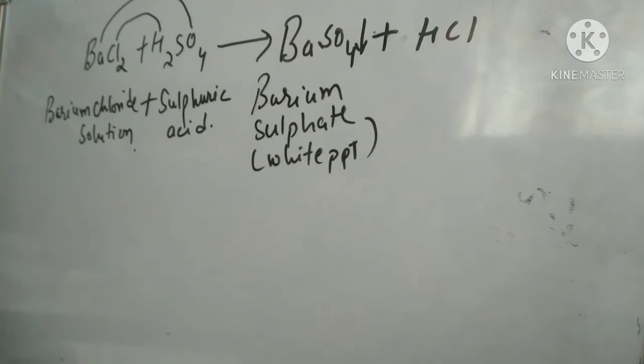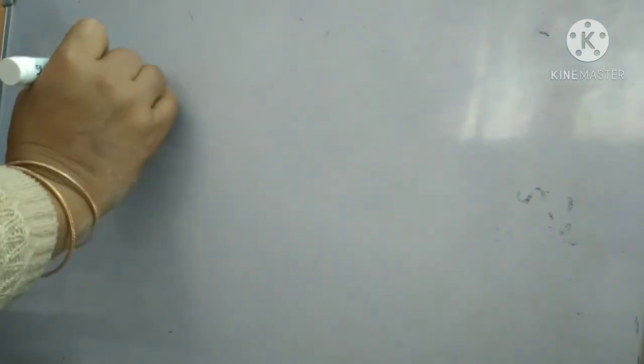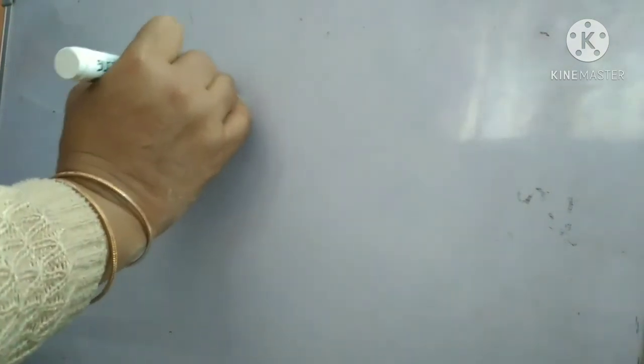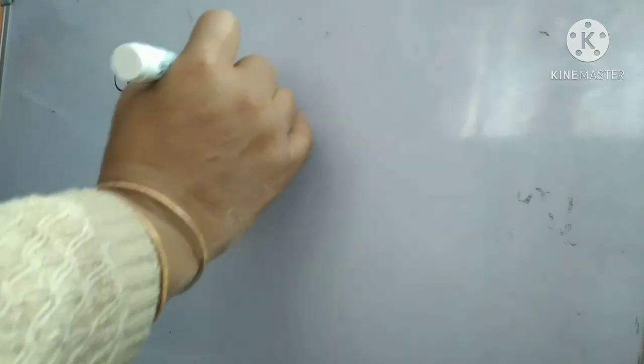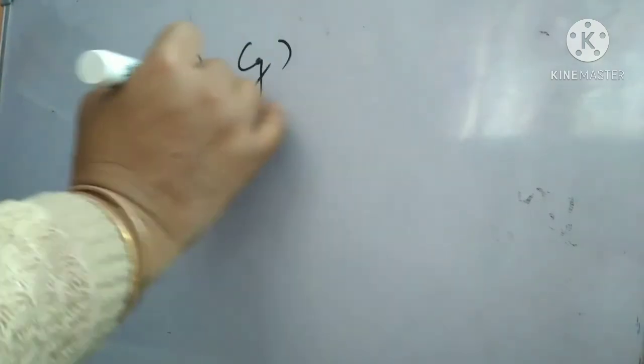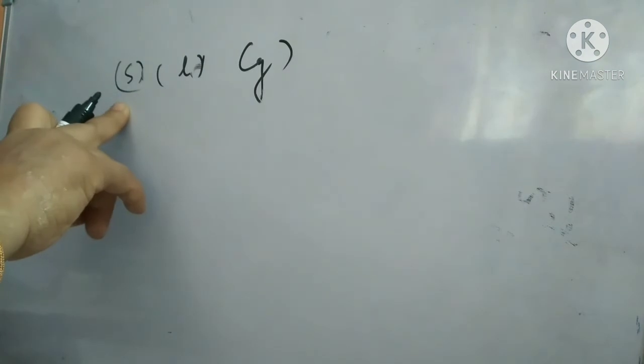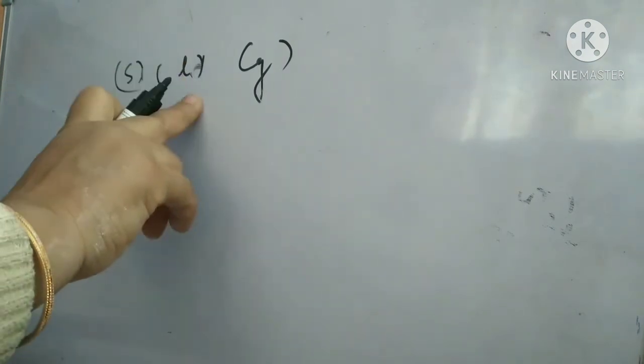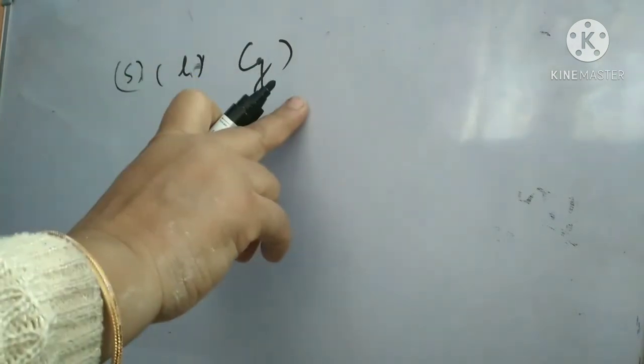In this, the physical states in a reaction we always represent by S for solid state, L for liquid state and G for gaseous state.